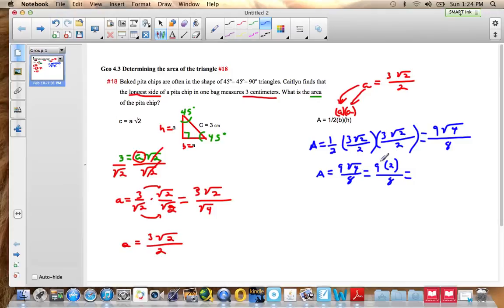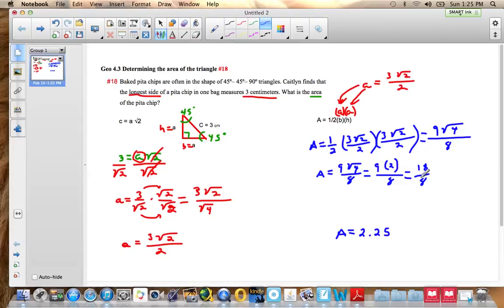I can simplify the 2 and the 4, or the 8 and make that 1/4, or I can say 9 times 2 is 18 over 8. And when I plug this into the calculator, it's going to give me A equals 2.25.